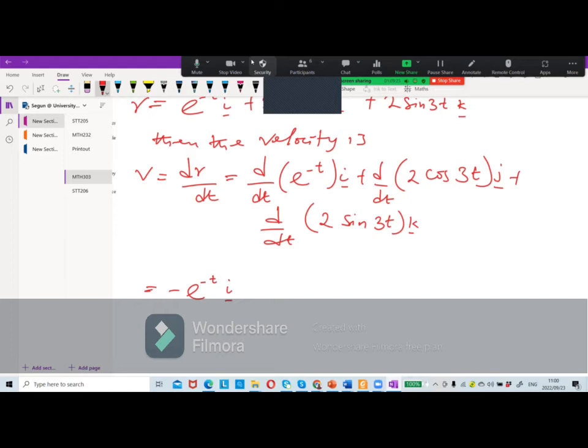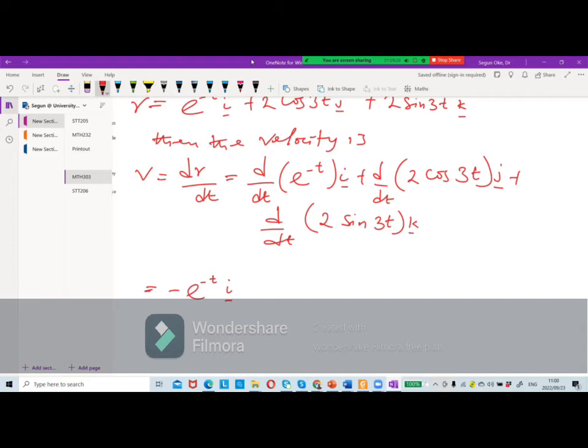Now let's just quickly digress, because you can't cram this one. Let's say y equals to exponential 2t.